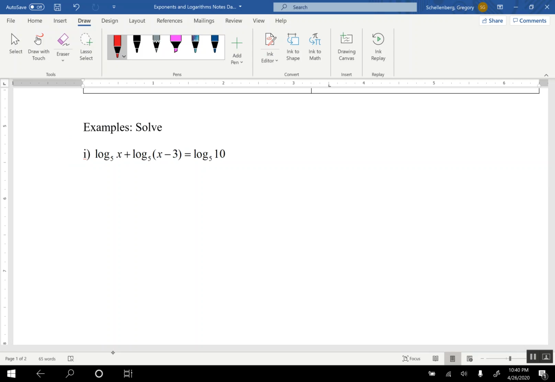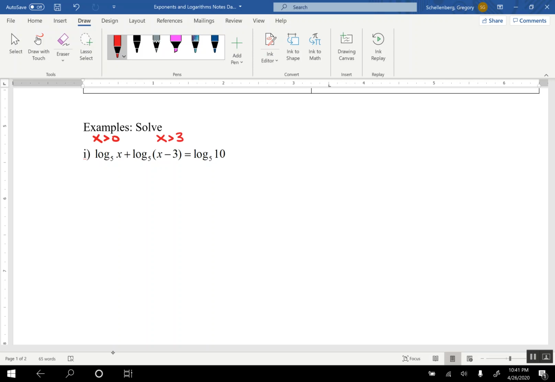So log base 5 of x, we would say this is for values of x that are greater than 0. It would be impossible to produce an argument that was negative, so we say that x has to be greater than 0. And same thing with x minus 3, that's our argument. Our argument has to be positive, so we would say here that x has to be greater than 3.